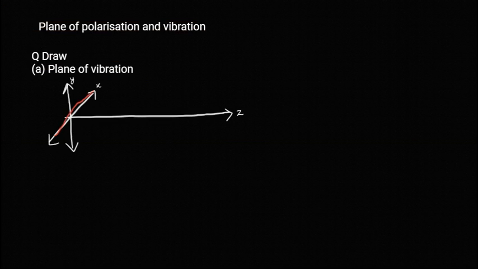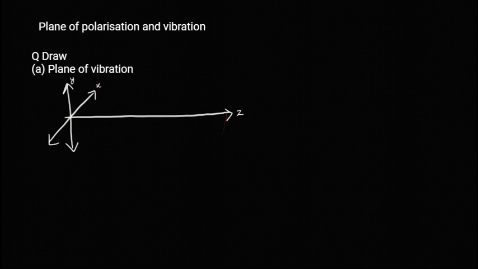Next, we'll discuss plane of polarization and plane of vibration. So let's draw the plane of vibration first. Consider this axis as x-axis, this axis as y-axis and this axis as z-axis. Now let us assume our light is polarized along y-axis.